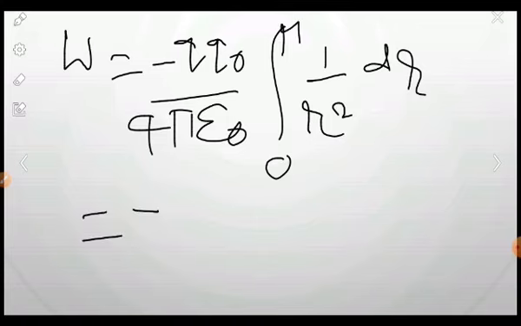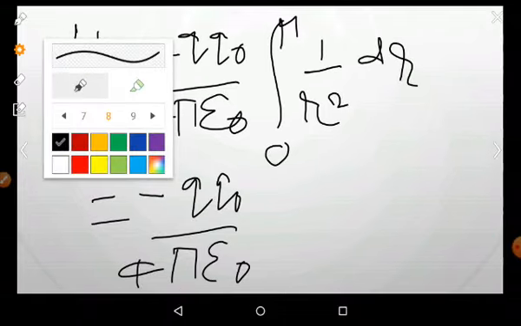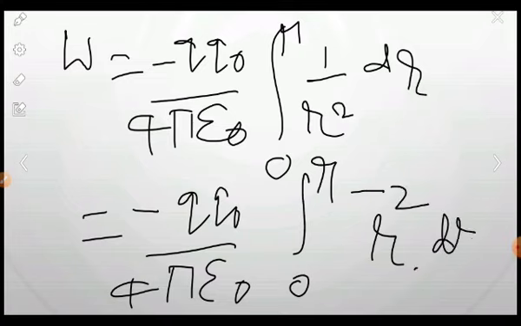So this integration of 1 by r square is the integral from 0 to r of r to the power of minus 2 dr.